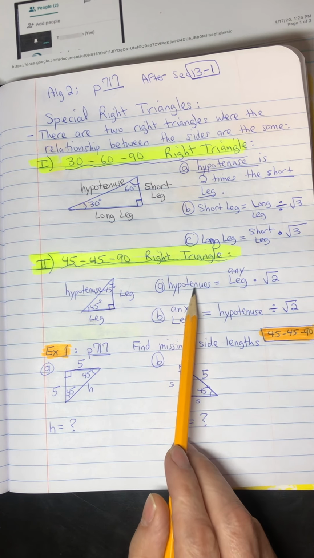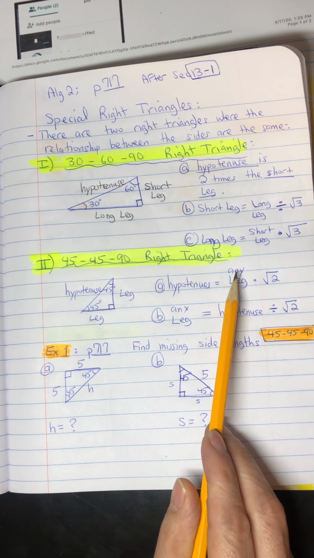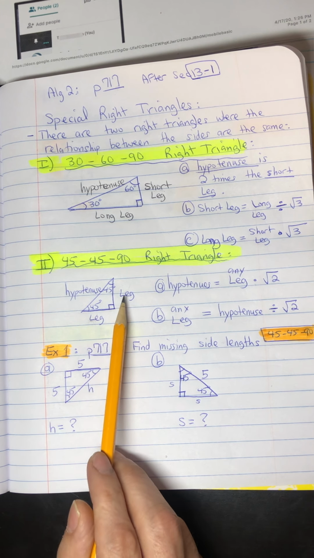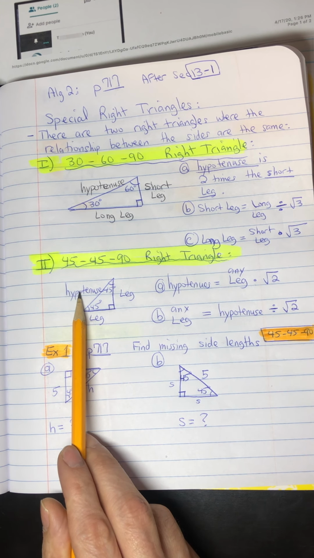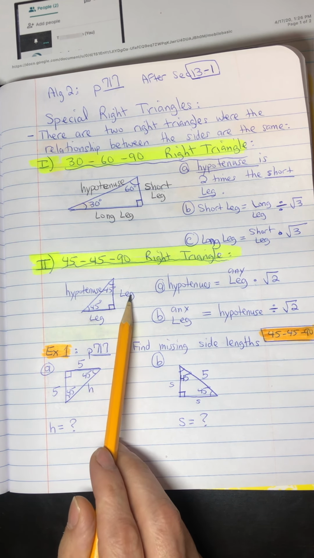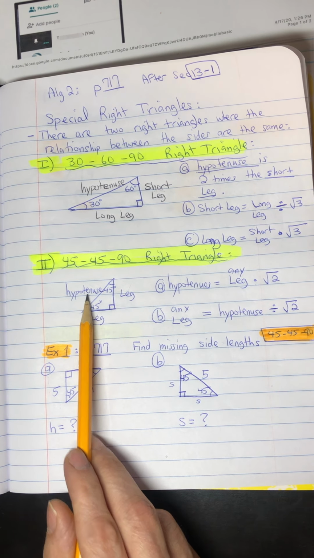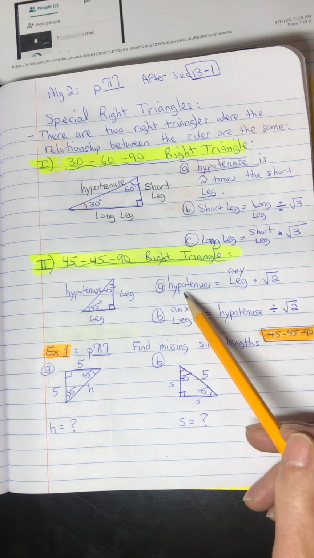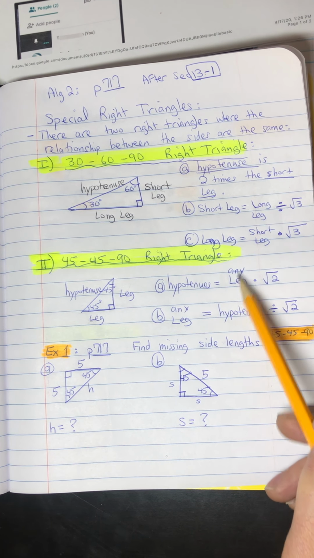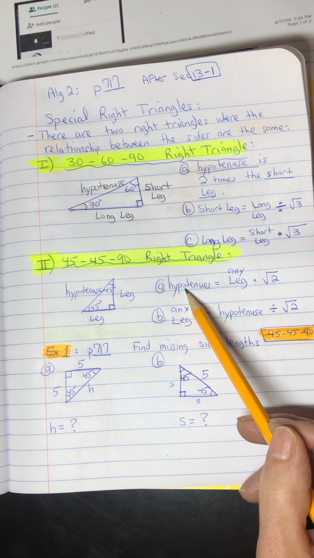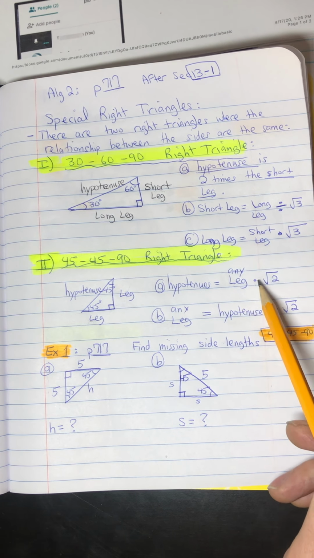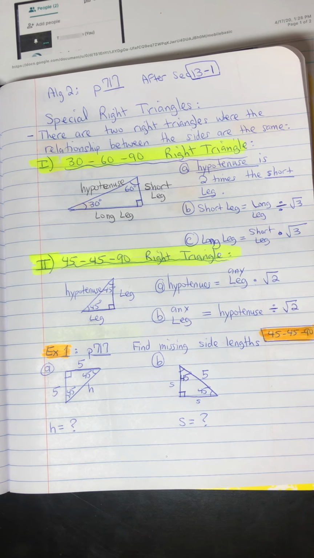The other way around, if you know the legs and you want to find the hypotenuse, you would multiply the leg by the square root of 2 to get the hypotenuse, because it got bigger. Look, here we go. A, the hypotenuse is any leg, because they're both the same. To find the hypotenuse, you take the length of any leg and multiply that number by the square root of 2.